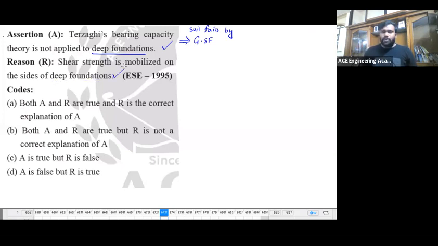Yes, deep foundations have more load carrying capacity due to friction developed between the pile and the soil on the sides. True. But is the reason a correct explanation? No. Both are individually true, but the reason is not a correct explanation.